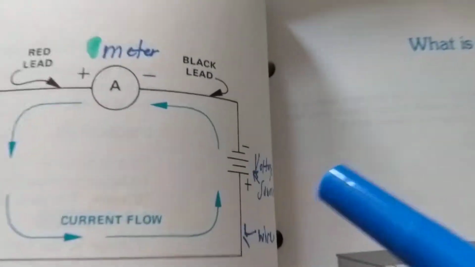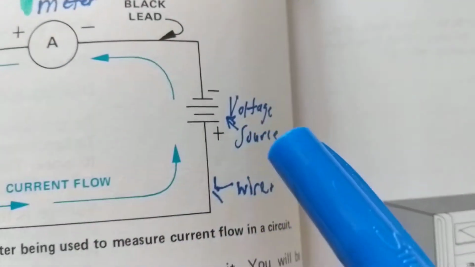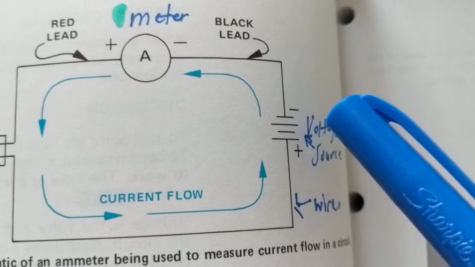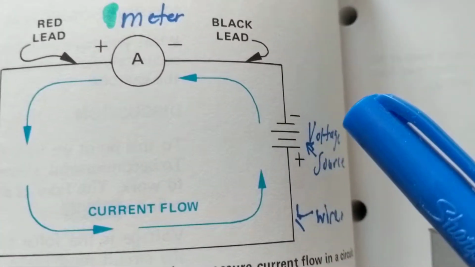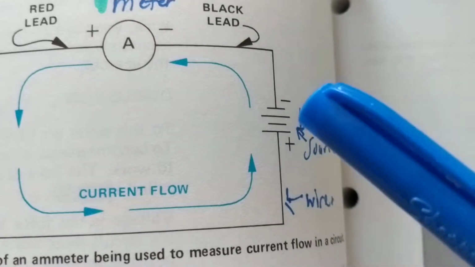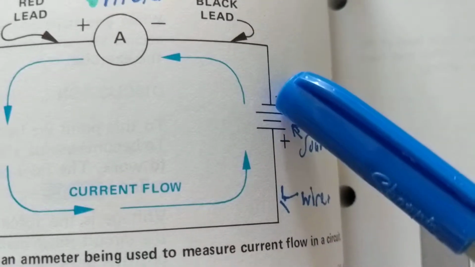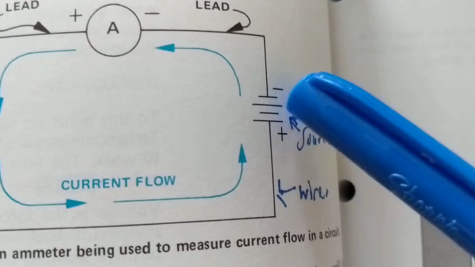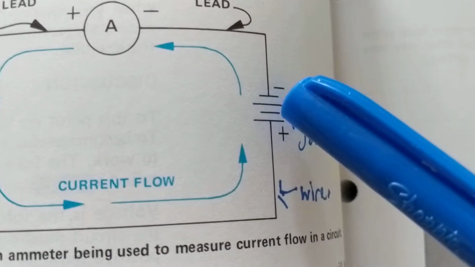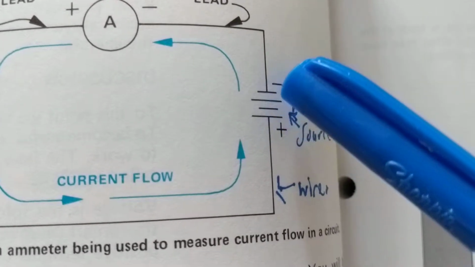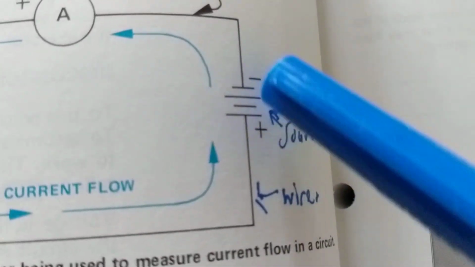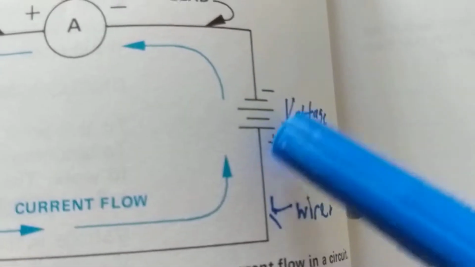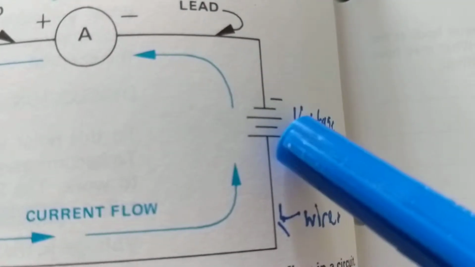Now, as you see over here, we always have to have a potential difference, a voltage source, a negative and a positive. So if this small and big one is 1.5, and I have another small and big one that's 1.5, they are in series. Therefore, they would add, giving us 3 volts as a power source.